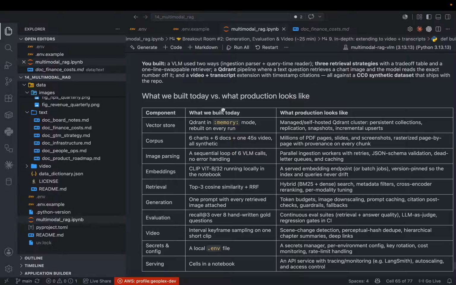And thirdly, retrieval finds the chart and generation reads that number off it, which we saw with the VLM. And that's why we want to keep the real pixels attached to the captions and not just get rid of them once we create captions, because the captions can be lossy.